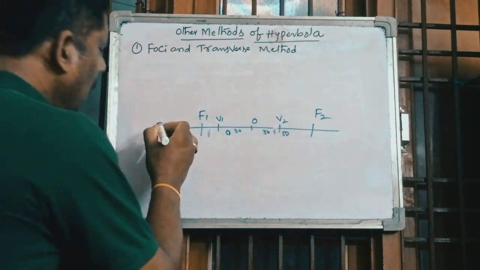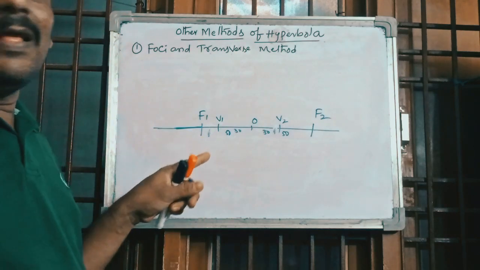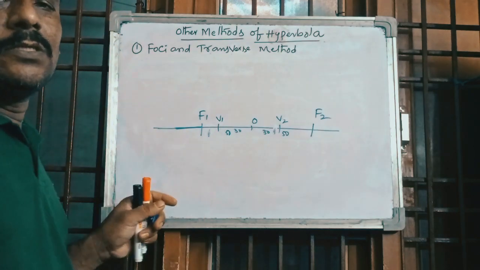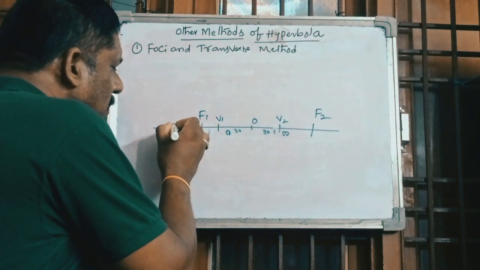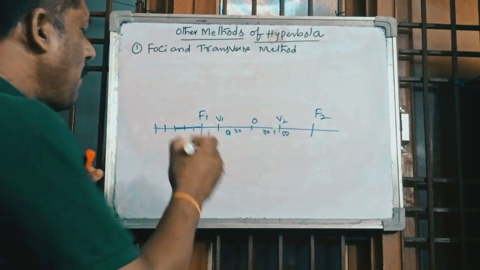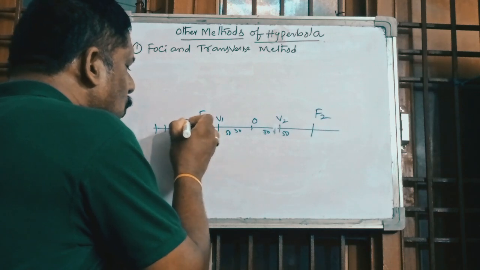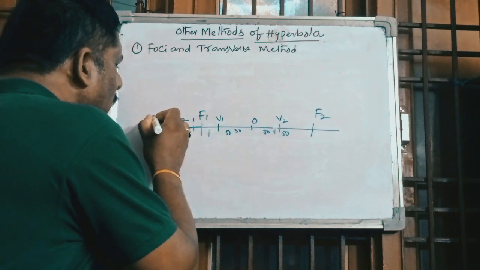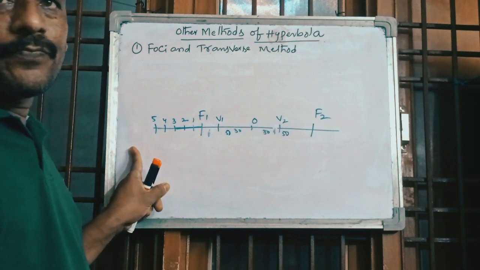First, on the left side, listen carefully, take a number of equal points. From here you take 10 mm, 20 mm, 30 mm, 40 mm, 50 mm. Like that you mark 4 to 5 points and give the numbering 1, 2, 3, 4 and 5.